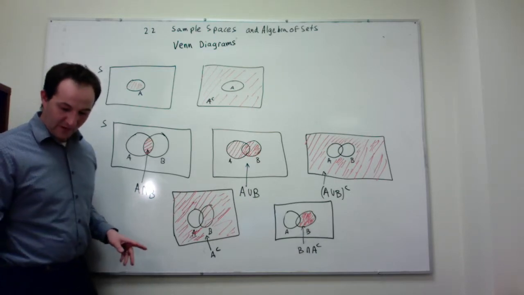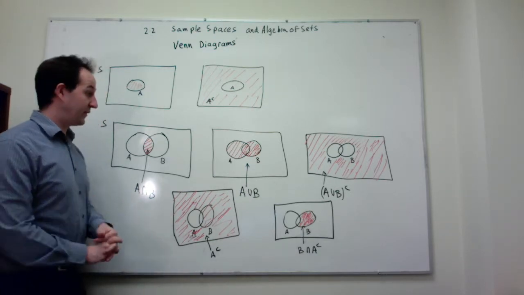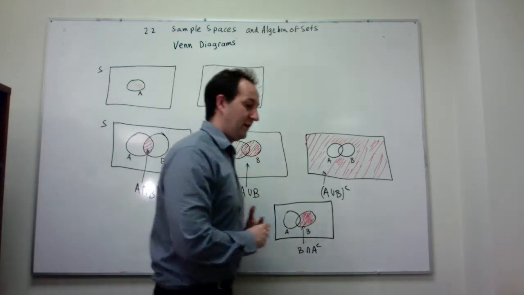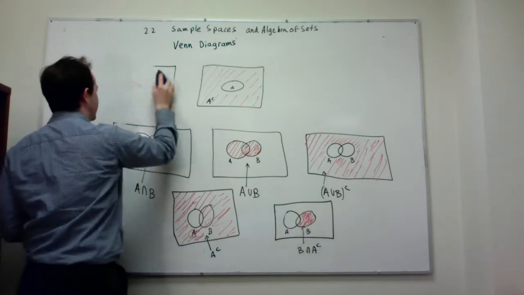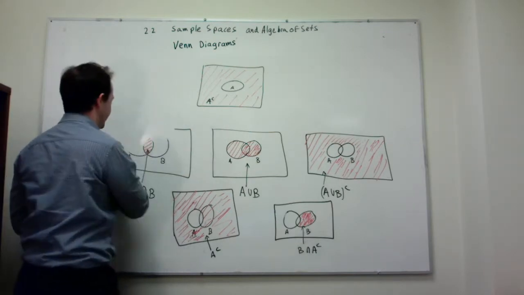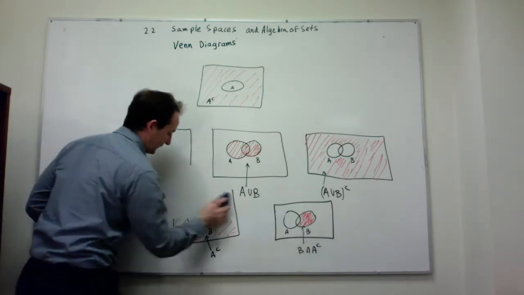Okay. We can have Venn diagrams with more than just two subsets, and this can get more complicated, but I'll just show the general picture and talk a little bit about it.